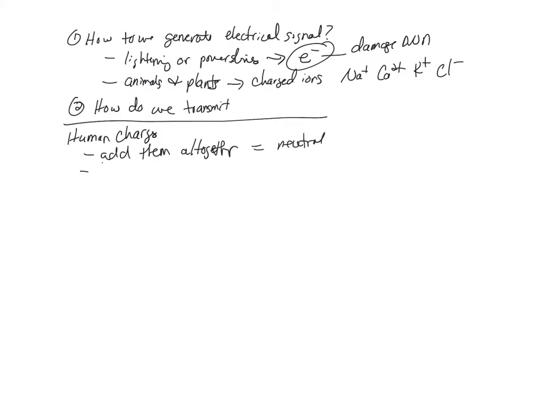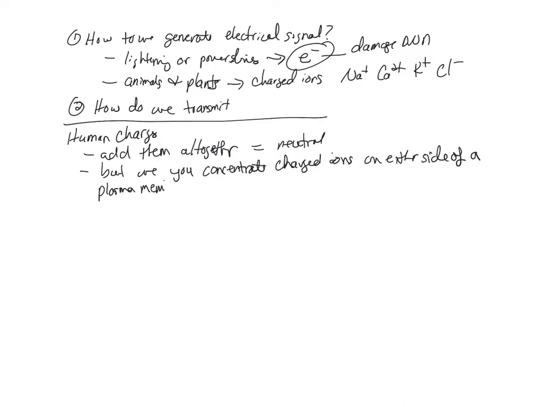But when you concentrate charged ions on either side of a plasma membrane, then you can measure voltage changes, because that concentration on either side of the membrane is the biggest component.